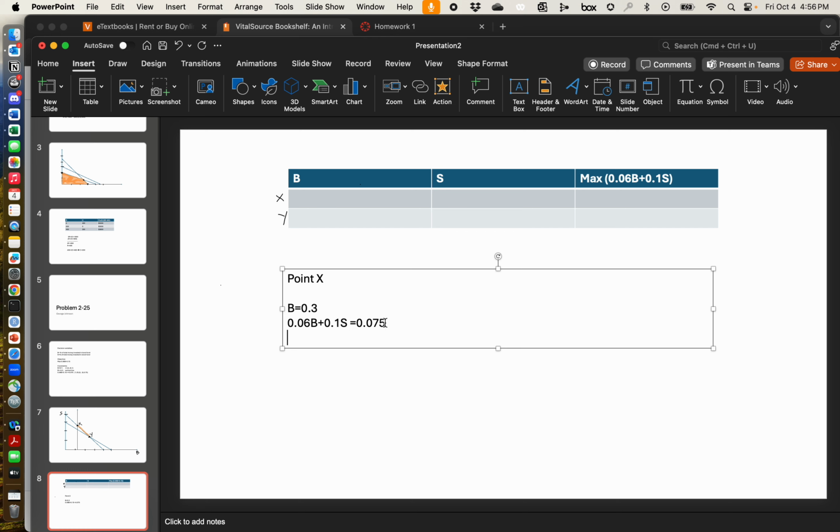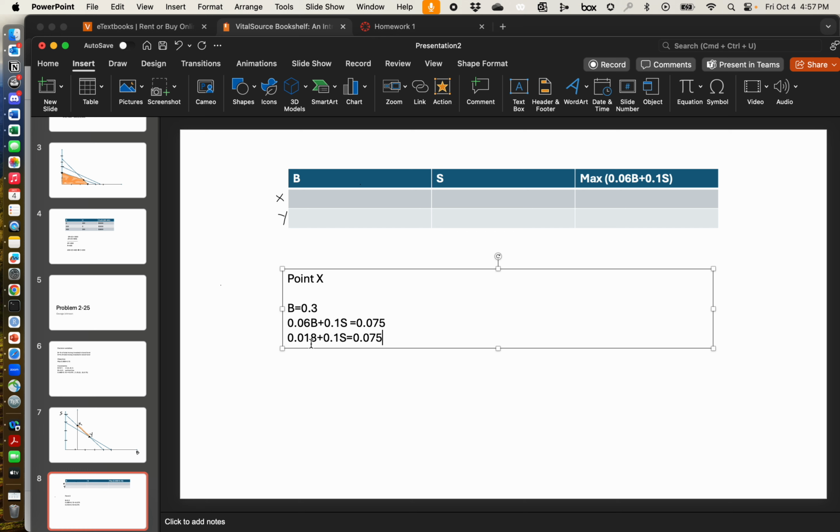So we know that B is 0.3. So I just plug in B is 0.3 and solve for S. So it'll be 0.3 times 0.06, which is 0.018, plus 0.1 S is equal to 0.075.